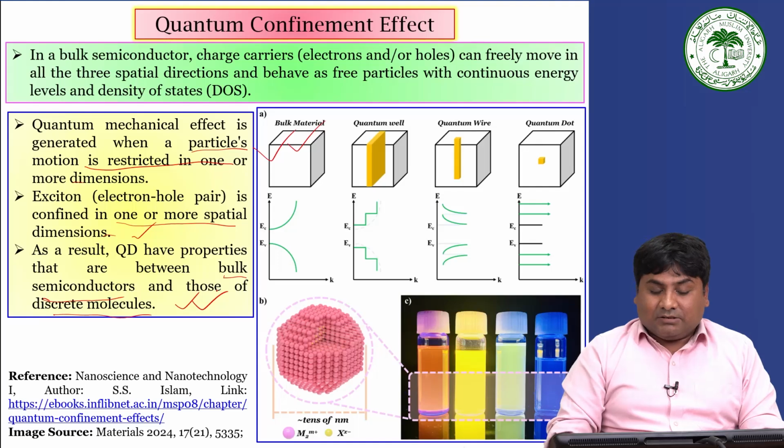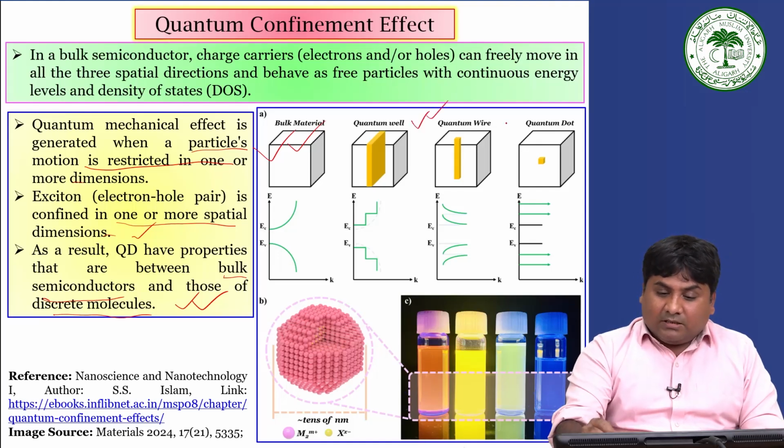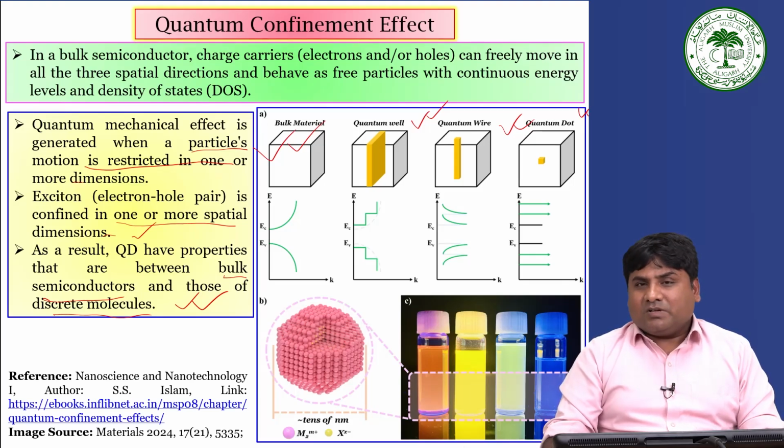So quantum dots behave in between the bulk semiconductor and discrete molecules. In the case of quantum wells, quantum wires, quantum dots, in every case there is at least one direction with a restriction of movement of the electron, and you get the quantum confinement effect, and because of that you get some beautiful fluorescence property from quantum dots.